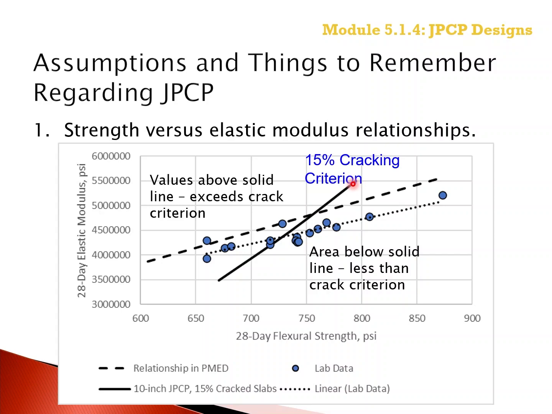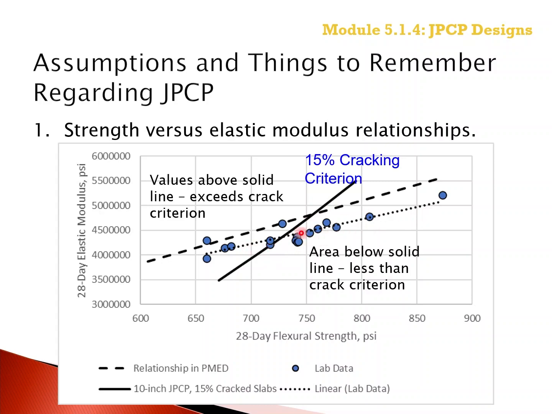The relationship between strength and modulus from the regression equation is then compared to the laboratory measured data, in other words, the blue circles, and the regression equation between strength and elastic modulus included in the software.